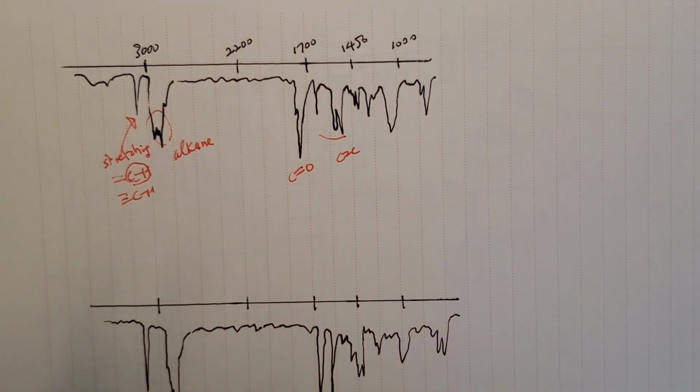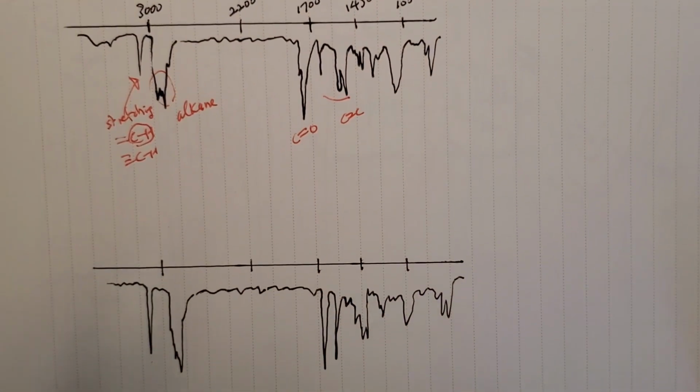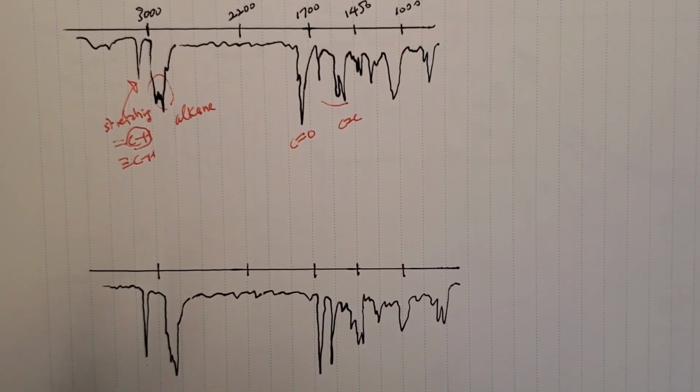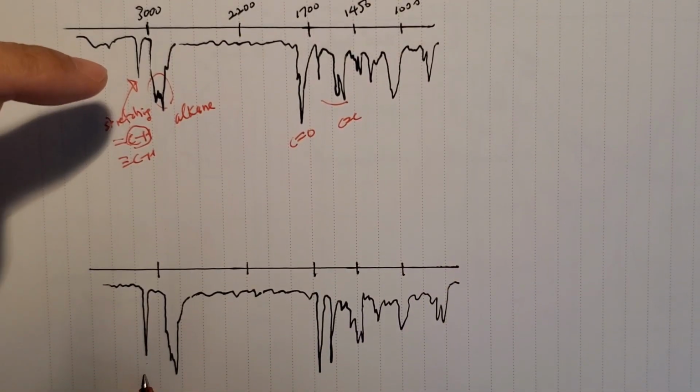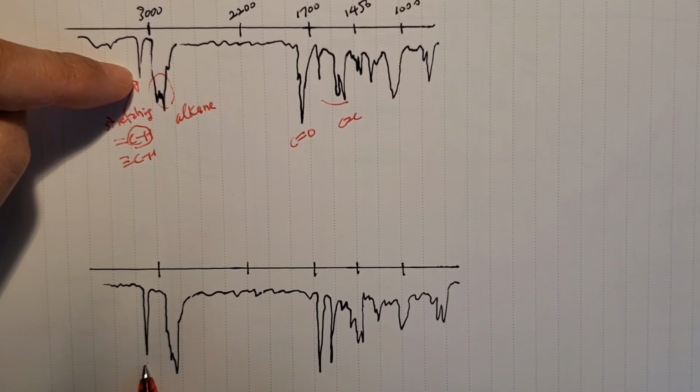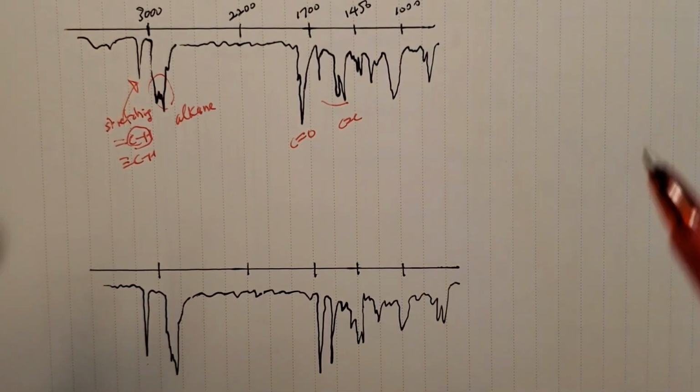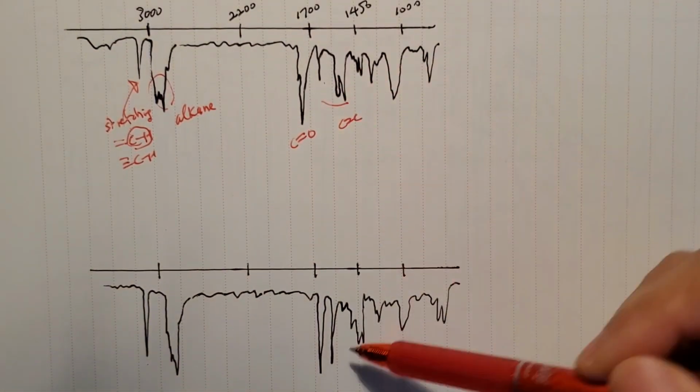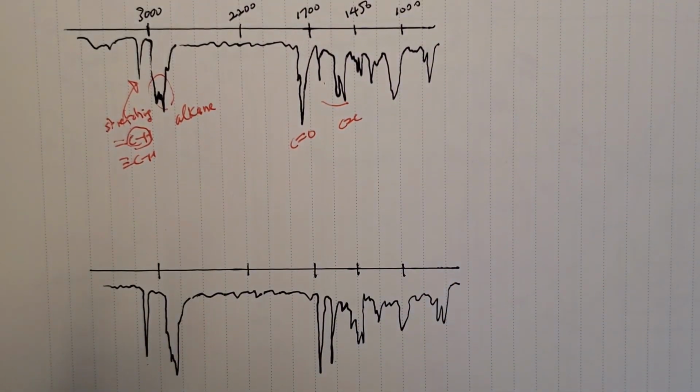But what is the difference? There are two things you need to find. One, the intensity for the CH is increased, right? Also, the intensity for CC double bonds, the alkene, got more intense. What does that mean?